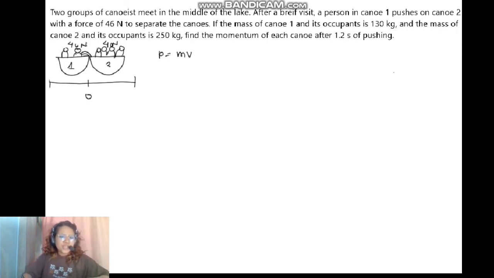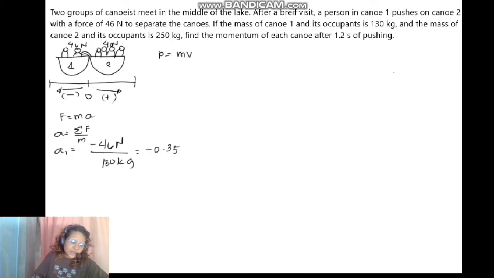First, let's look for the acceleration. If you remember the formula for force, which is force is equal to mass times acceleration, we're simply going to derive this. Kukunin lang natin acceleration. We're gonna get summation of forces over mass. And, ipa-plug in lang natin.